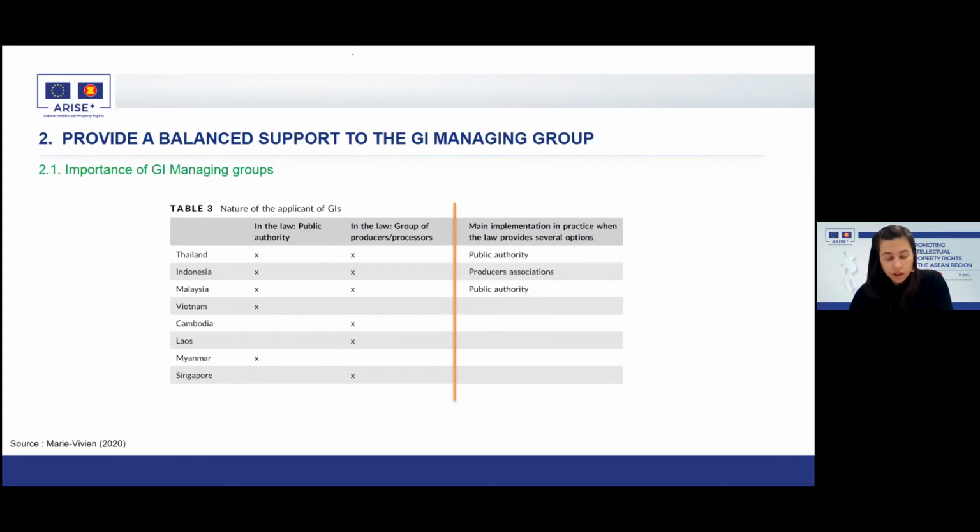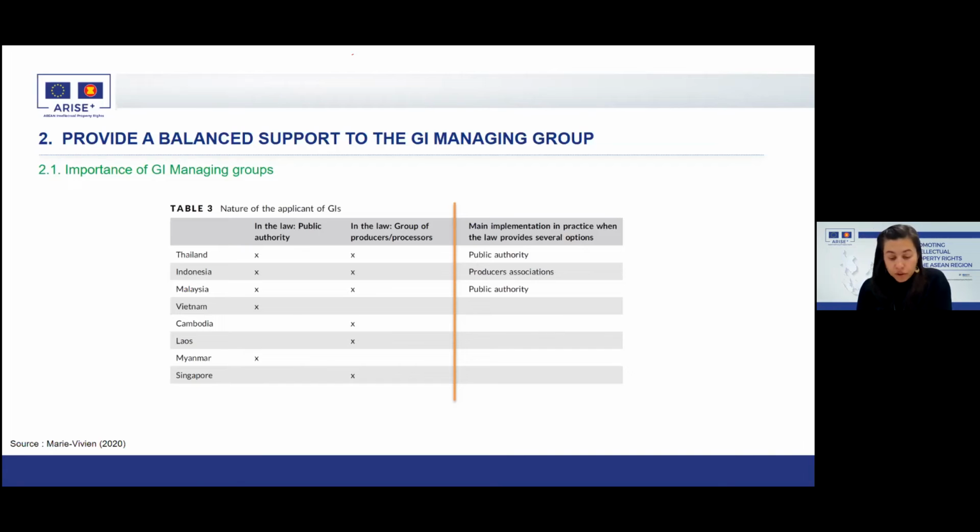Other countries decided that the applicant should be a group of producers or processors. This is the case of Cambodia and Lao PDR. And most of the countries have chosen to keep both options. So for them, we can see on the right what the implementation is in practice when the law provides several options.